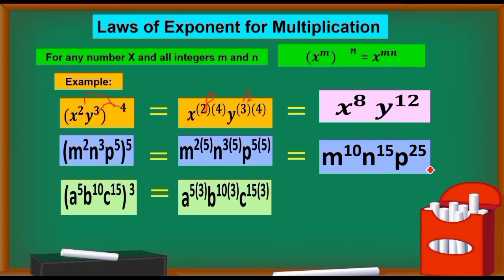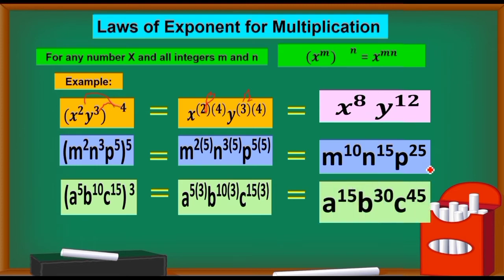Then, imumultiply po natin. So, 5 times 3 is 15, 10 times 3 is 30, and 15 times 3 is 45. So, therefore, ang magiging sagot po natin ay a raised to 15, b raised to 30, and c raised to 45.